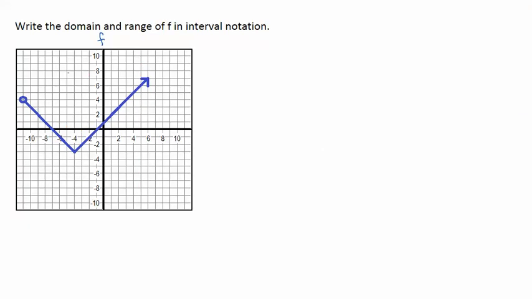Okay, so now it's the same function, and now I want to write the domain and range of this function f in interval notation. So let's look at the domain, and let's make a number line for it so that I can convert it to interval notation. And so the domain is the x values that are represented on the graph.